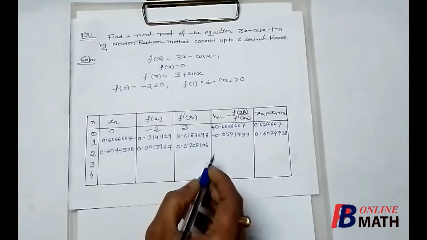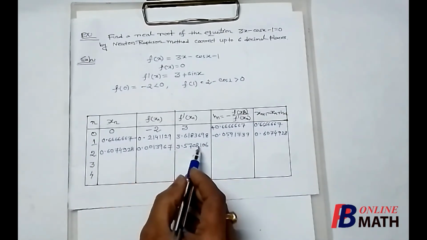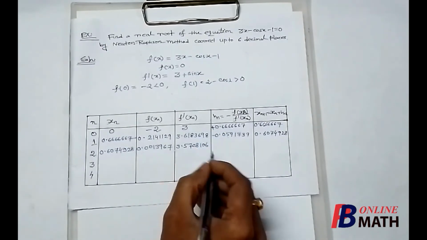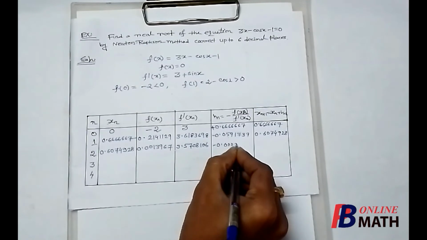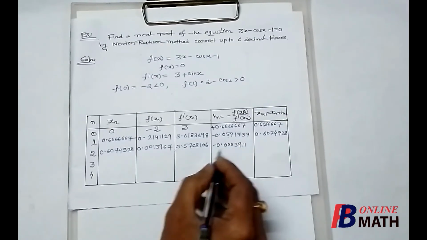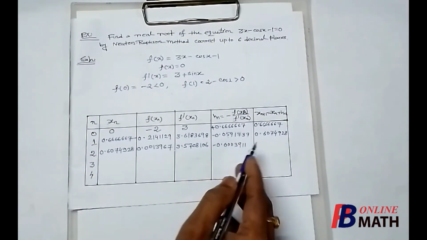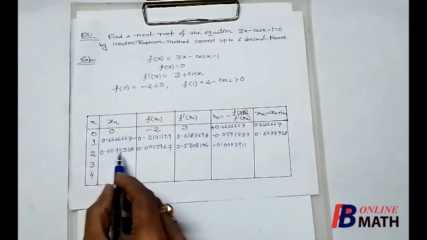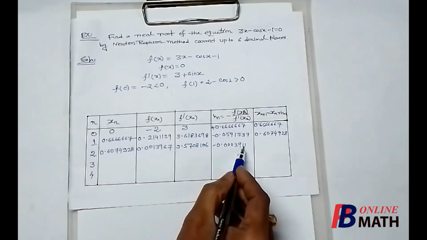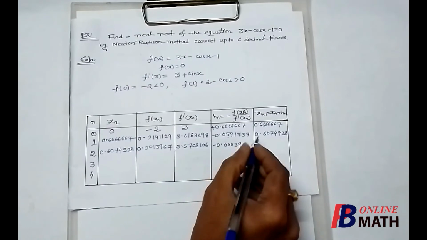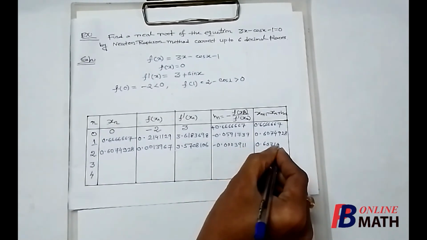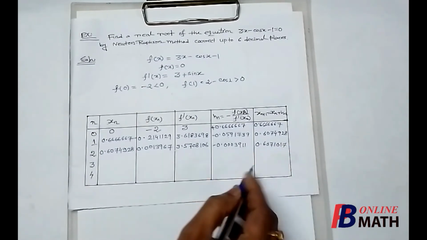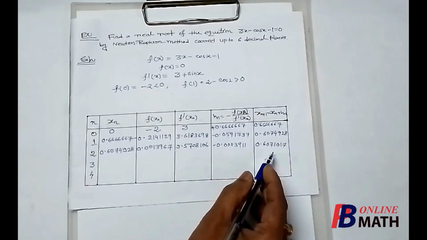Now if we divide this value by this value and take the minus, then we shall get minus 0.0003911. So this is our hn. So xn plus 1 will be this value plus this value. Then we can easily get 0.6071017. So this is the next approximation.